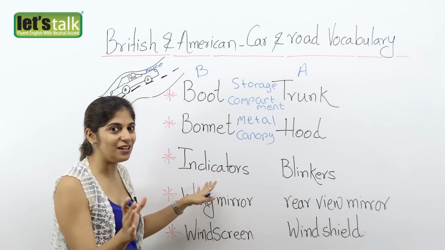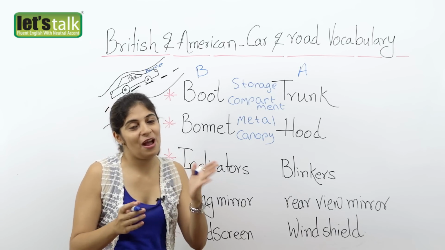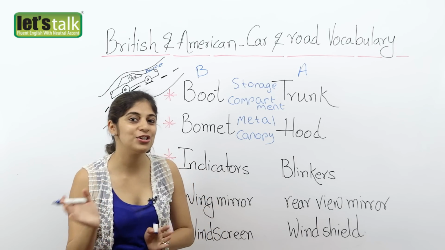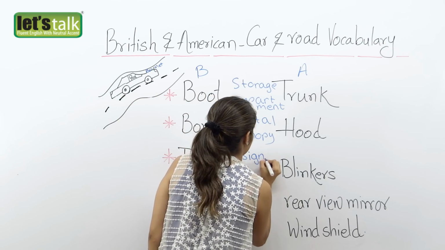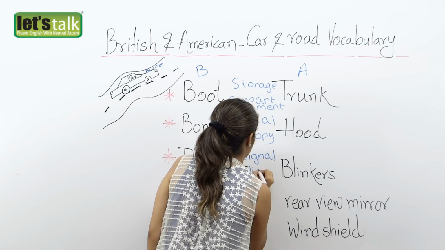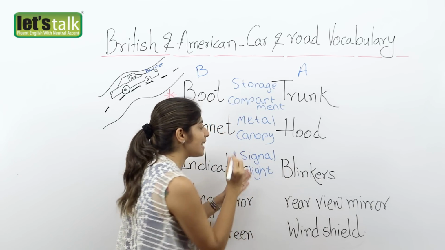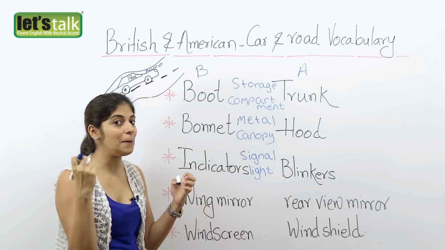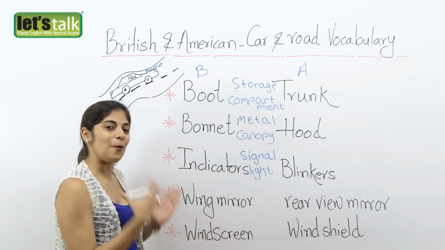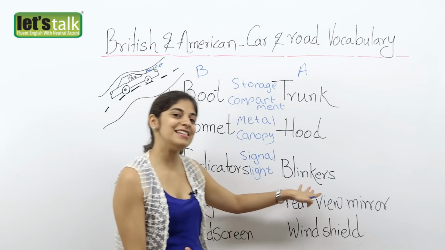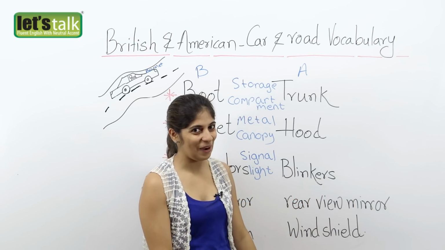So it's the signal that indicates that you have to turn left or turn right. Okay, so it's the signal light that flashes or blinks. So in British English, it is indicators, whereas in American English, it is called blinkers, right?